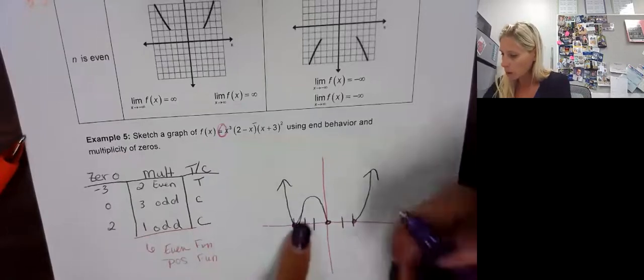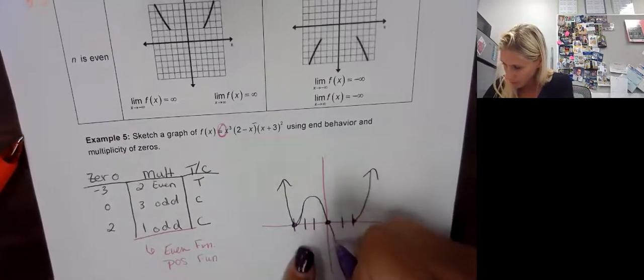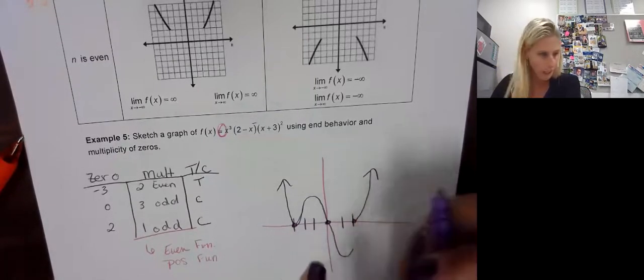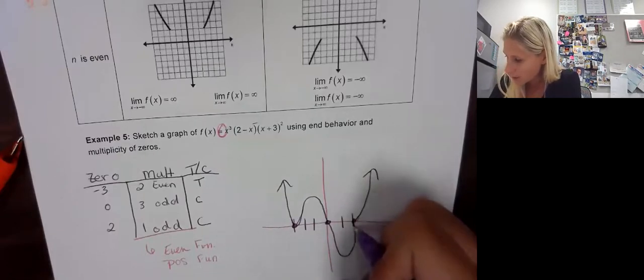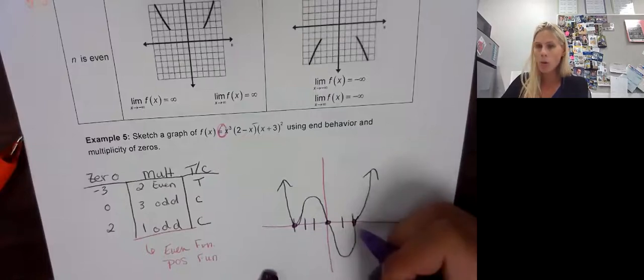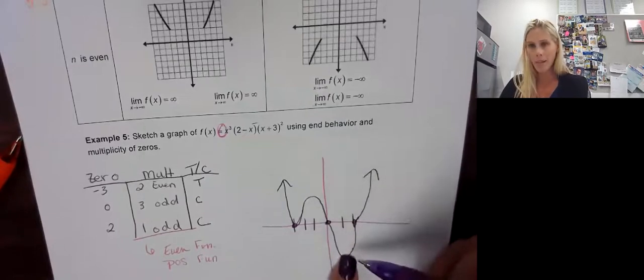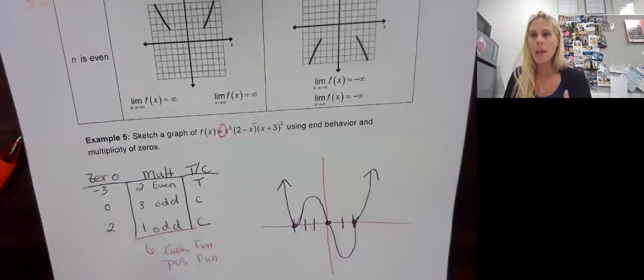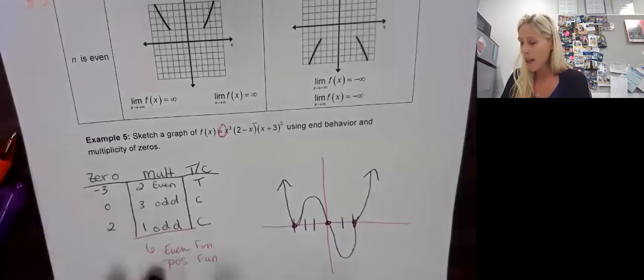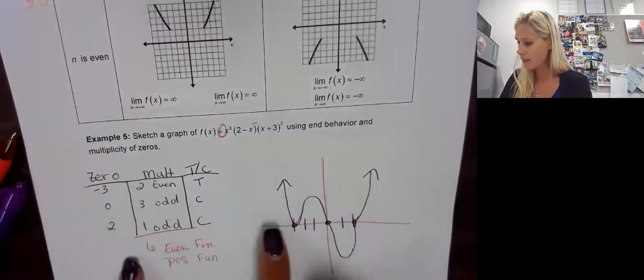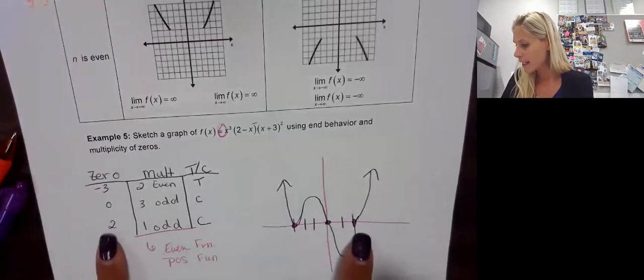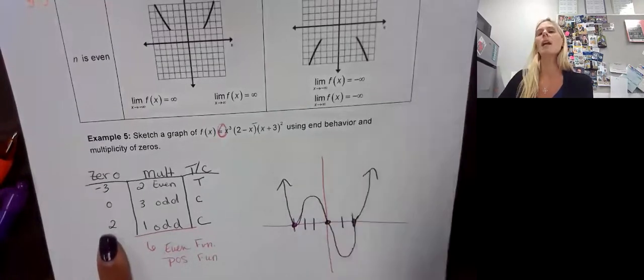And at 0, I cross. And then I come back up somehow. And then I get to my 2, and my 2 crosses. And what do you know? It works with my end behavior. That's why I like doing the end behavior first, because everything falls into line if everything was right. See, the last one crosses, and if I connect that to my end behavior, it crossed.